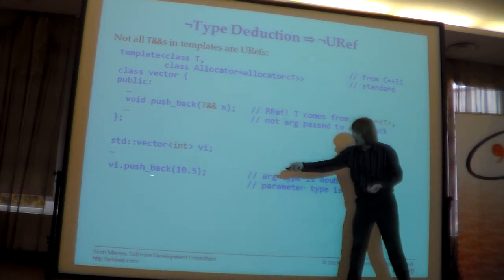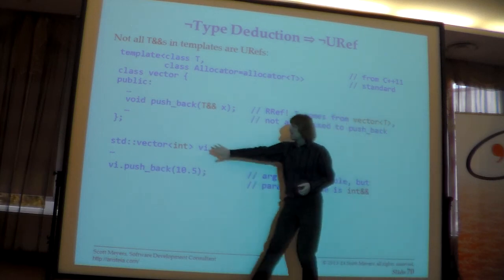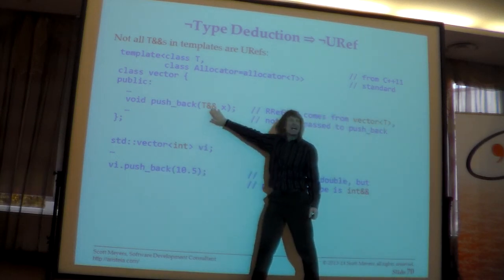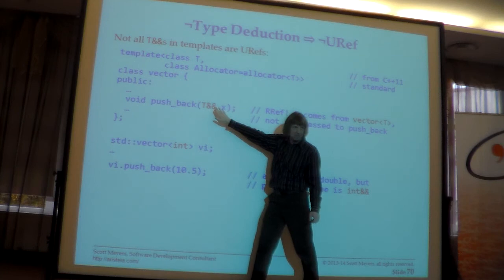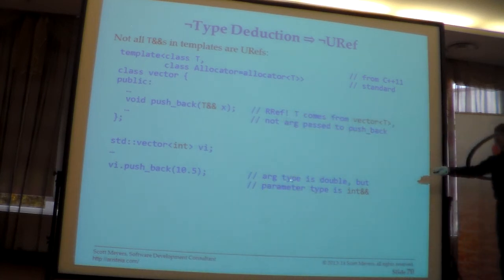So if I call push_back of 10.5, because I have a vector of int, push_back actually takes an int ref. It takes an R-value reference to an int. So the type of argument that's passed is double, but the parameter type is actually an R-value reference to an int.